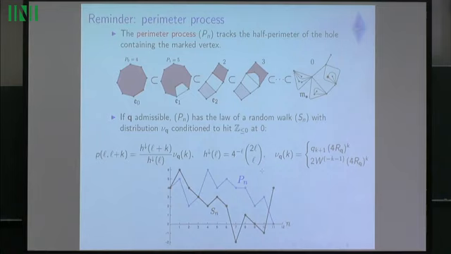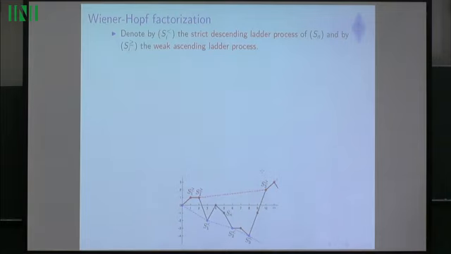And this can be done by an H transform, where the H function that you're using is completely universal and does not depend on Q. So the explicit transition probabilities of the perimeter process are given by this function. Okay?